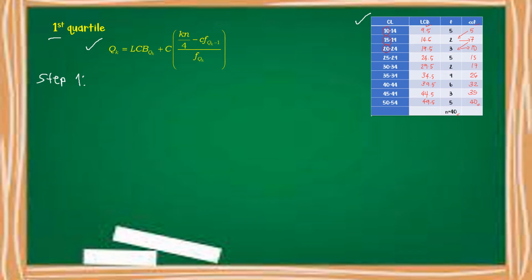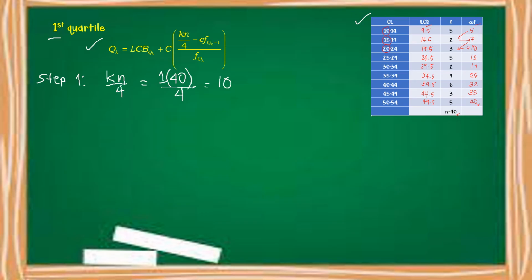We have kn over 4, because this is a quartile. Let's substitute. Our k is 1 because we are looking for the first quartile. And our n here is 40, divided by 4. So we are looking for the 10th score.